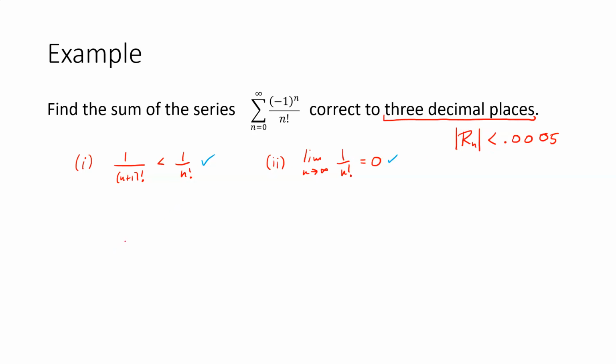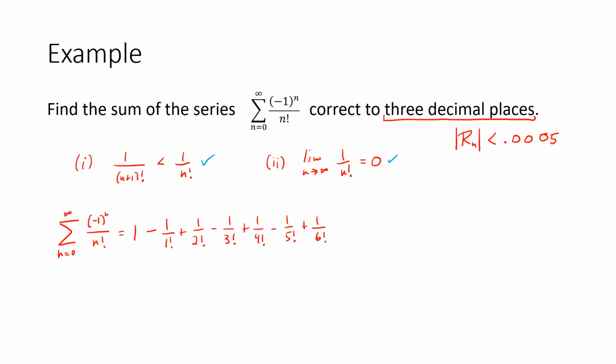So now we can start summing up the terms of the series. Here I'll just start writing out the terms. We had 1 for the first term, that's 1 over 0 factorial, minus 1 over 1 factorial, plus 1 over 2 factorial, minus 1 over 3 factorial, plus 1 over 4 factorial, minus 1 over 5 factorial, and so on.